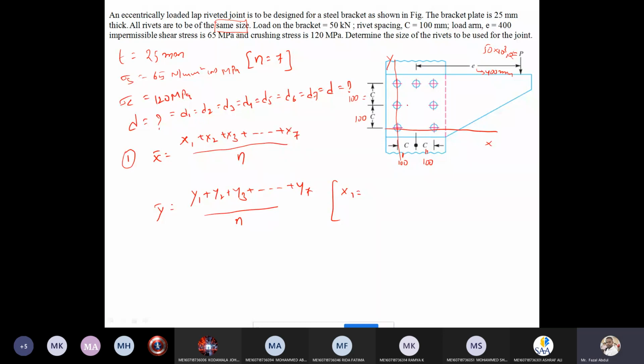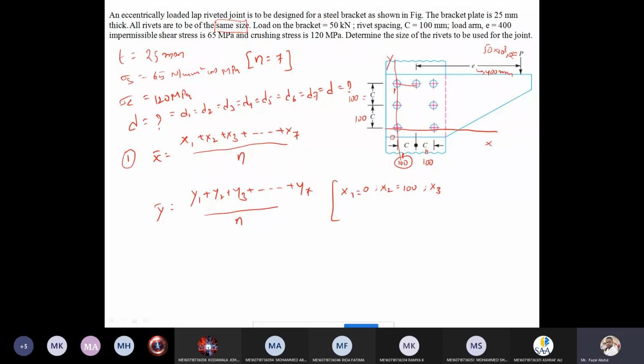Now x1 how much? The x is nothing but the horizontal distance from the y-axis. There is no distance for the first rivet, so x1 is 0. x2 how much? The distance from the vertical axis to this rivet is given in the question as 100.